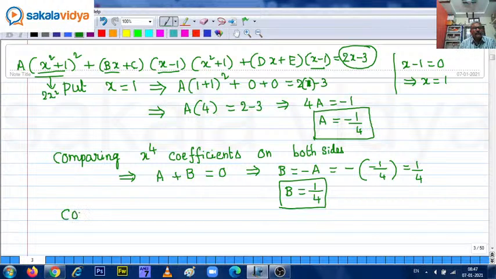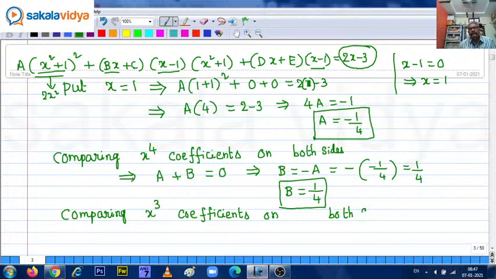So first I have forgotten this one, comparing x cube coefficients on both sides. Yes, you are correct.